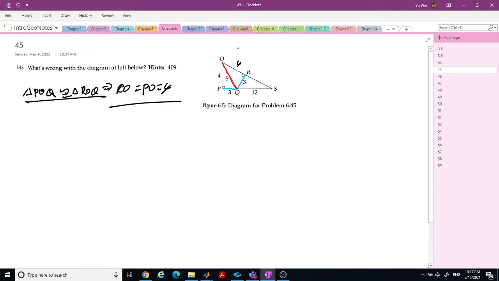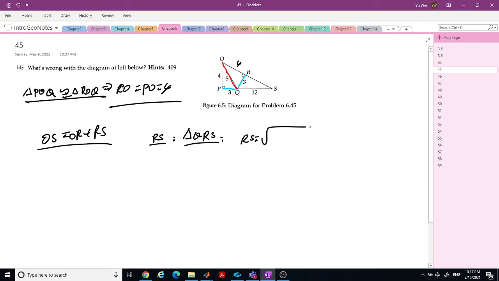So now we have two ways to solve the OS. OS is OR plus RS, right? And you can solve RS through triangle QRS.